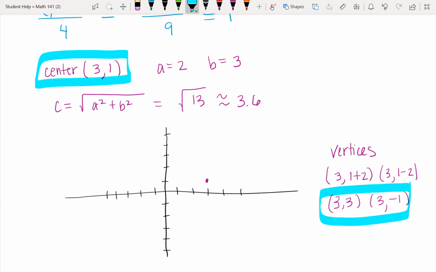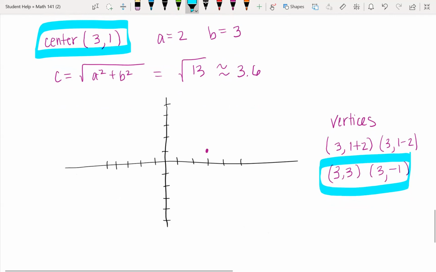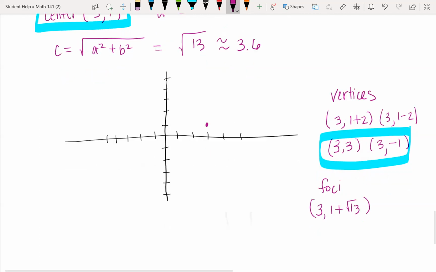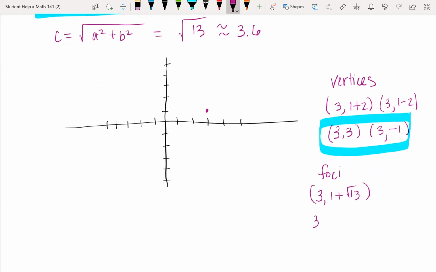Center is here. All right. And then the foci are going to be up and down from the center as well. So 3, 1 plus root 13, and 3, 1 minus root 13.